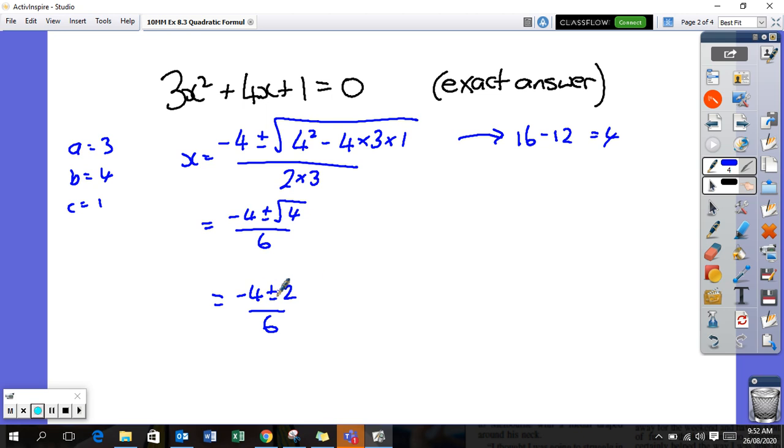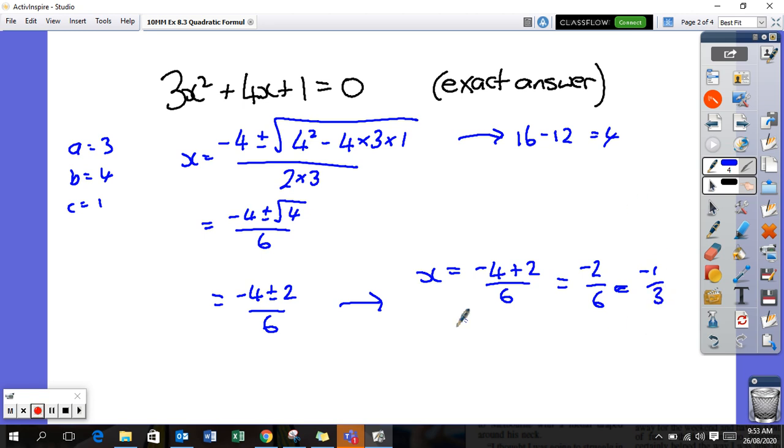There are two solutions because we've got the plus solution and the negative solution. So x equals minus 4 plus 2 over 6. That's the plus solution. Minus 4 plus 2 is minus 2 over 6, which is equal to minus 1/3.